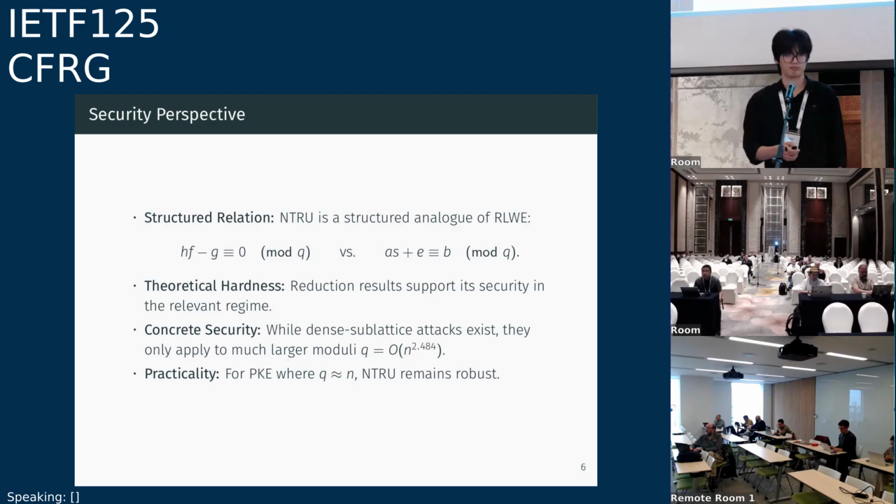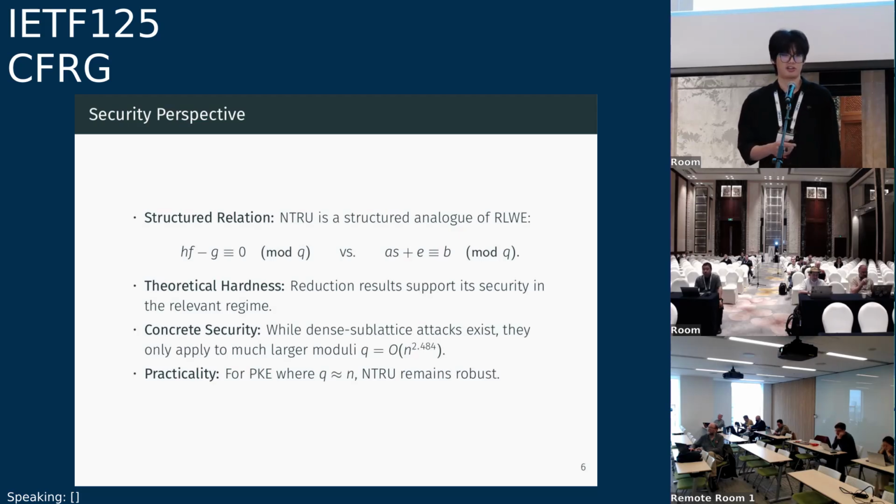Something we may consider: like ML-KEM, the underlying assumption is the module LWE assumption. Well, for NTRU, we need some other assumption like the NTRU assumption. So the first concern is, is it safe enough? We show that there still exists some structural relation between NTRU and LWE.